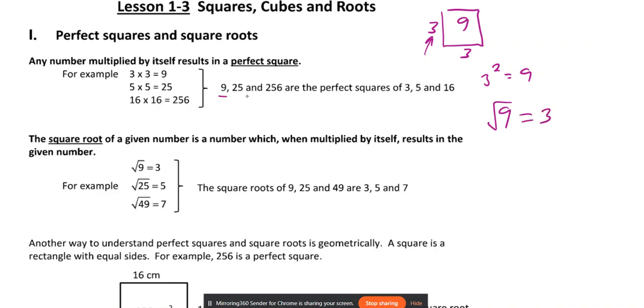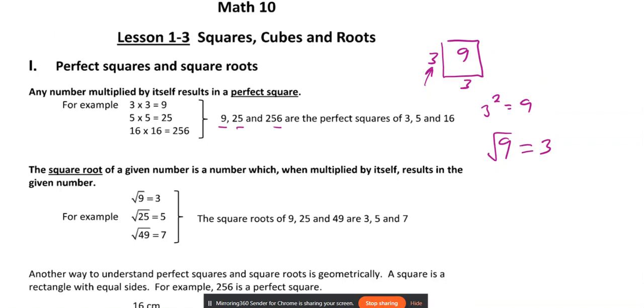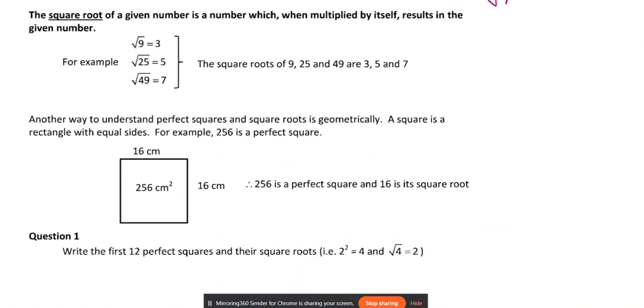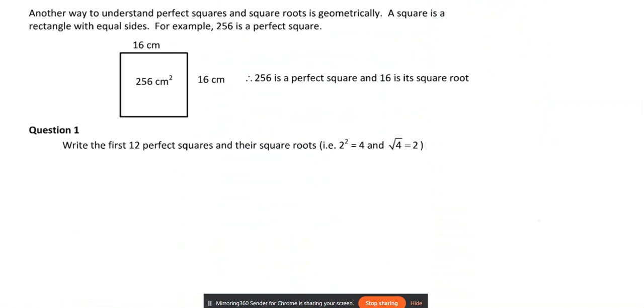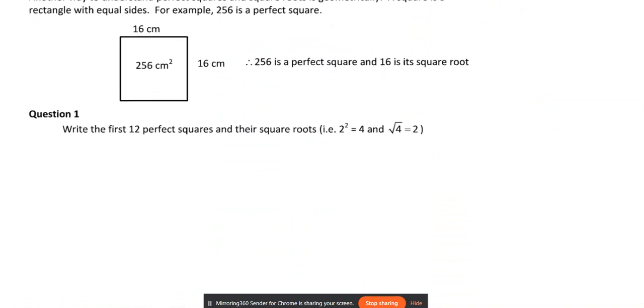We've got our perfect squares that we can keep in mind: 3 times 3 is 9, 4 times 4 is 16, 5 times 5 is 25, and they're still all up there on the side. It has the first 12 perfect squares and their square roots. I think we'll be okay on that one.